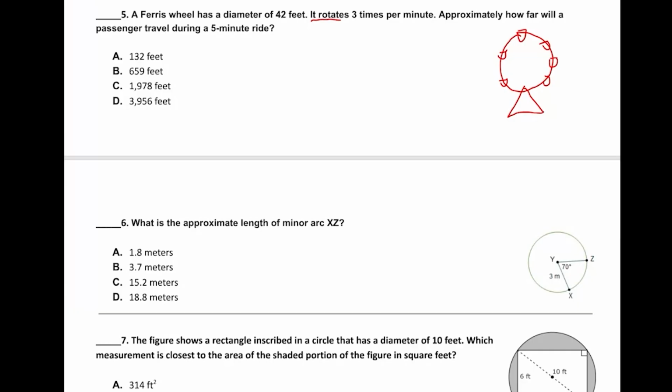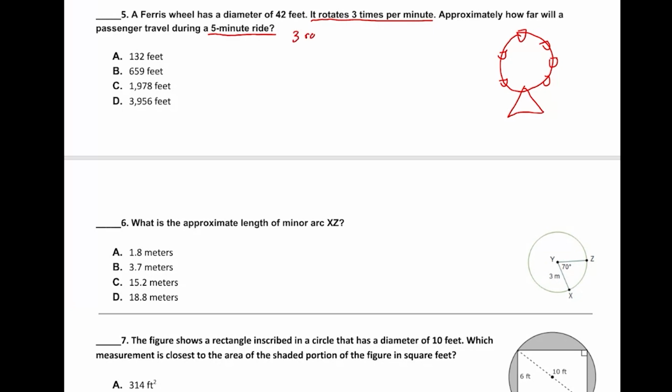If you rotate 3 times in 1 minute and are traveling in that Ferris wheel for 5 minutes, in each minute it rotates 3 times. So over the course of 5 minutes, you'll be rotating a total of 15 times.